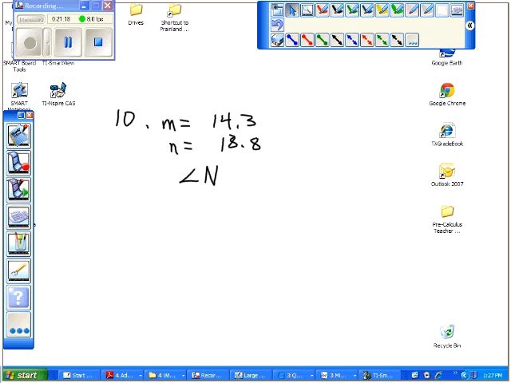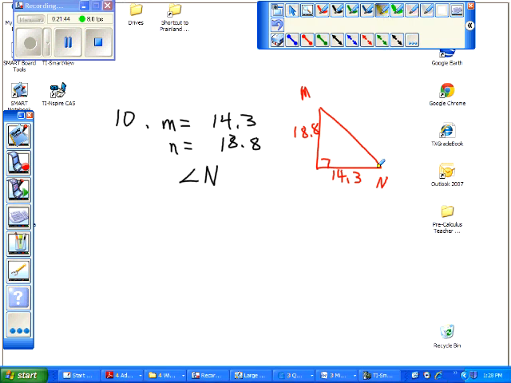Now, if we go to our picture, we need that picture, right? We had m up here and n down here. And we got little n is 18.8. And we have little m is 14.3, so that's where everything lands in our picture. We're going to solve using a trigonometric ratio, and when we do, we're going to pick what first?